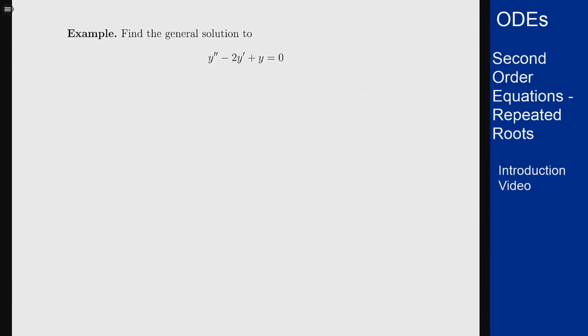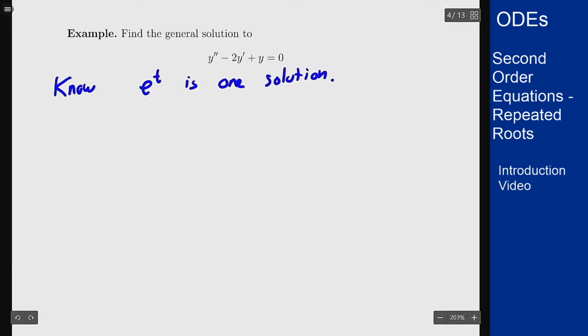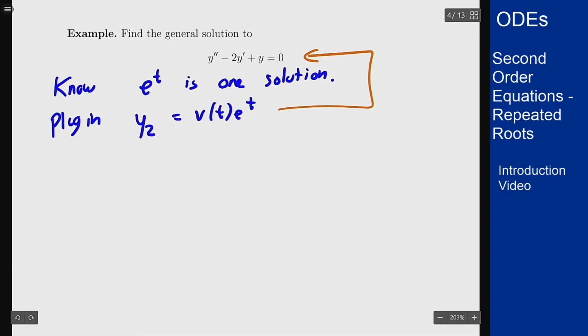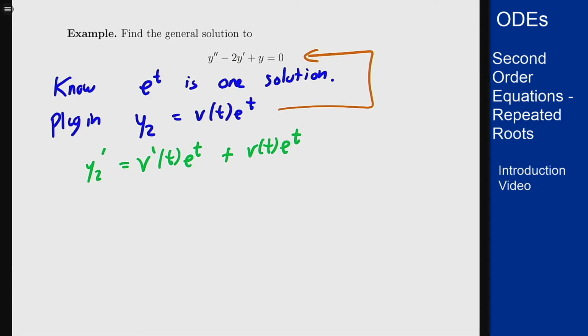Here's the same equation we had before. So we know that e to the t is one solution. So now we're going to plug in y2, our second solution, as v of t times e to the t into that equation. Let's start by taking derivatives. So y2 prime is the product rule. And we do the same thing to get the second derivative.